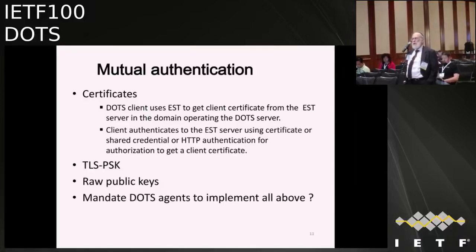The other point is whether we should specify a mandatory-to-support option in the document. We are open to that, and we would like to hear from the working group how we should document this.